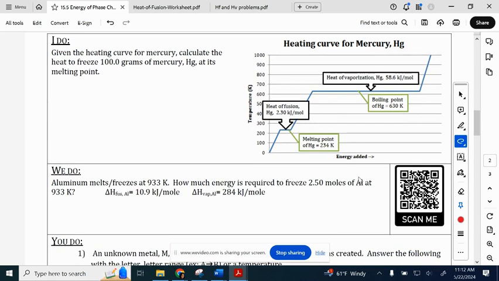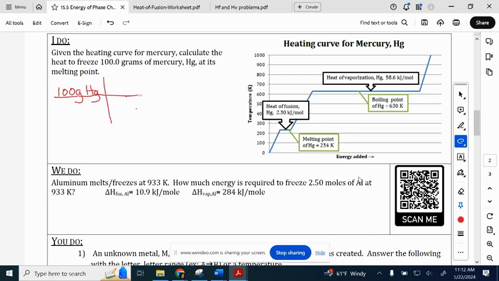All right, so here we have a heating curve for mercury. We are going to calculate the heat to freeze 100 grams of mercury. So we've got 100 grams. We're going to multiply that by the heat of fusion here, which they gave us in kilojoules per mole. So that's a problem. Okay, so we've got to take 100 grams of mercury and change that into moles because this is given as kilojoules per mole.